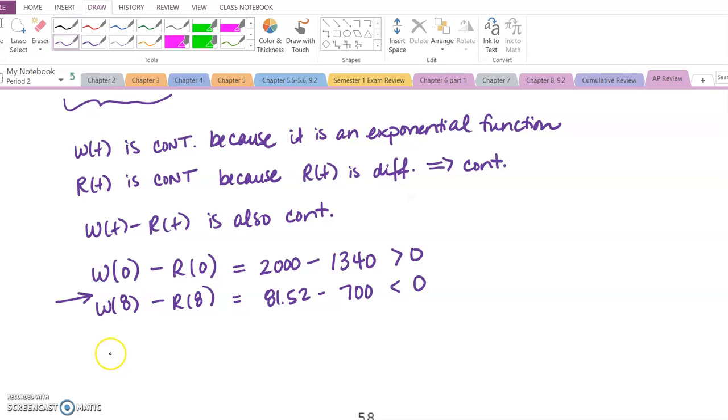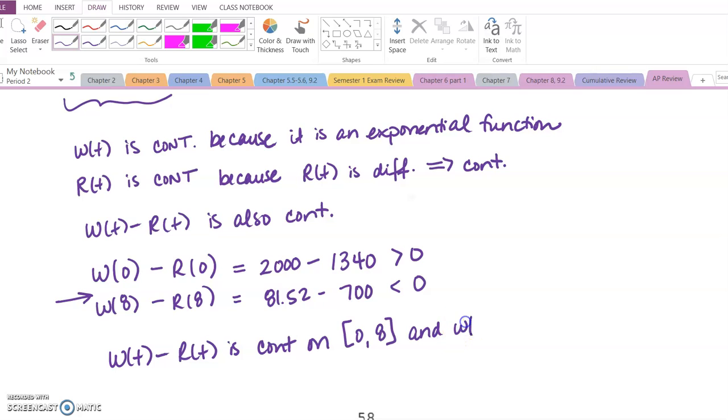So we say that W of t minus R of t is continuous on 0 to 8, and W of 0 minus R of 0 is greater than 0, and W of 8 minus R of 8 is less than 0.